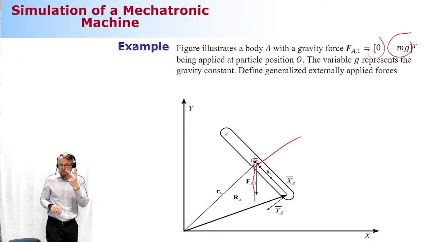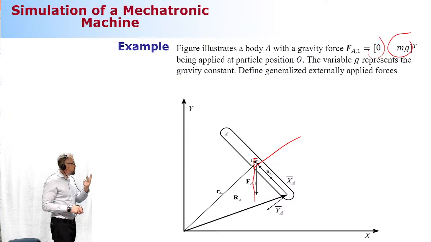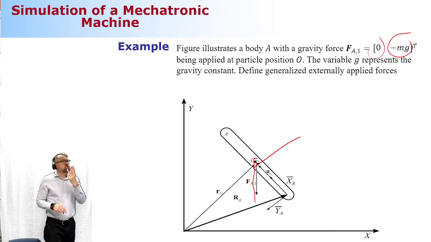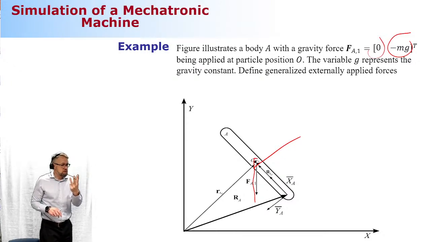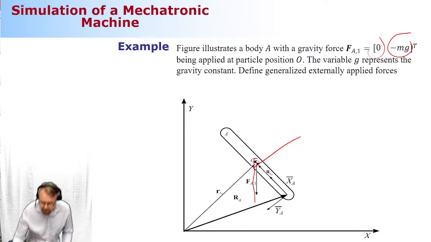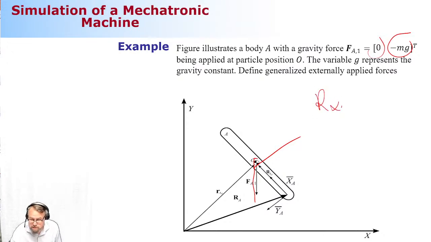And what I would like to do with these forces is express them by using three variables that are my generalized coordinates. And again, my generalized coordinates are Rx, Ry, and angle theta. You see where the body reference coordinate system is located. It's located here at one end of the beam-like body. So obviously, I'm going to have three components.